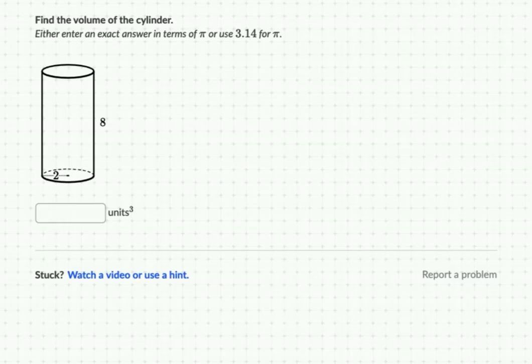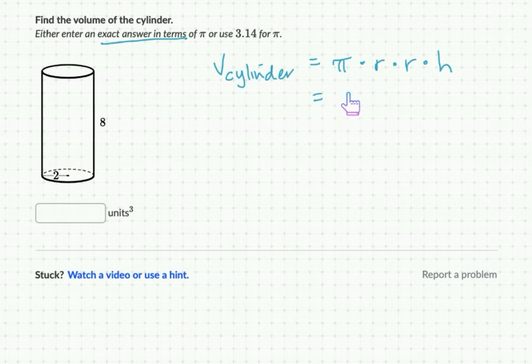Same type of problem, so go ahead and pause the video and try it on your own first. Okay, so again, we're going to do the exact answer. The volume of the cylinder is pi times radius times the height.